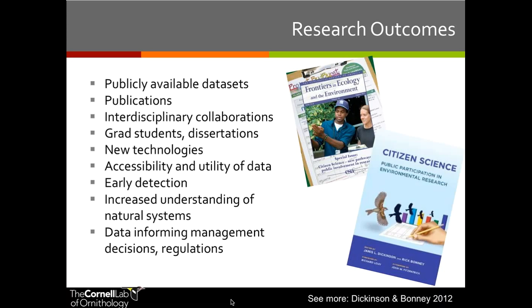There's a whole list of other things that people are looking at, everything from publicly available data sets to data actually being used to inform management decisions and regulations, which is something that we just wrote about in a Biological Conservation paper using eBird data and showing over 150 different uses of the data in a conservation application.